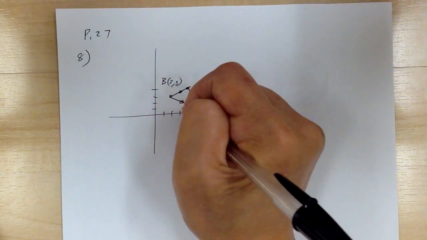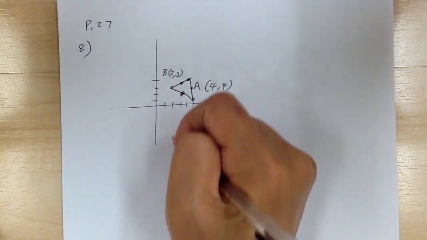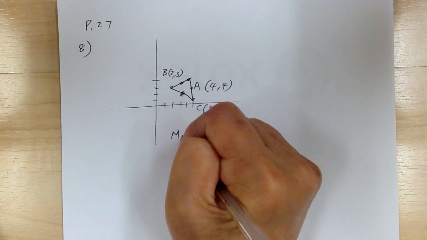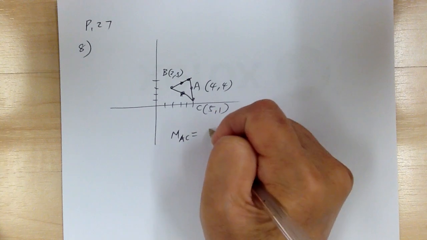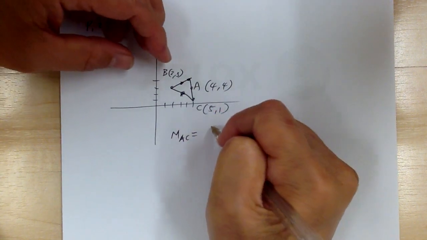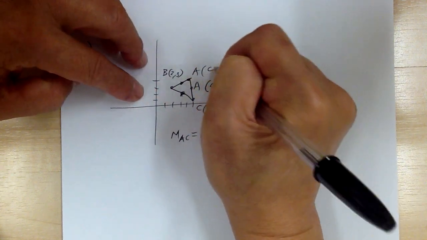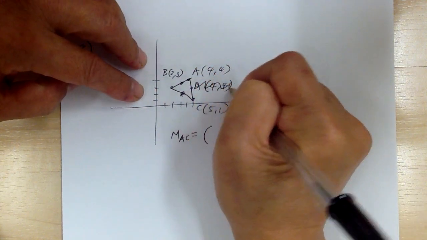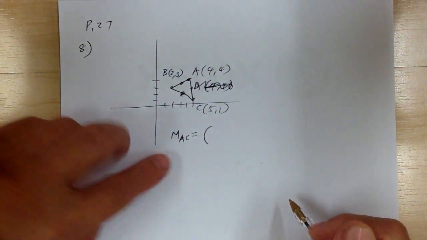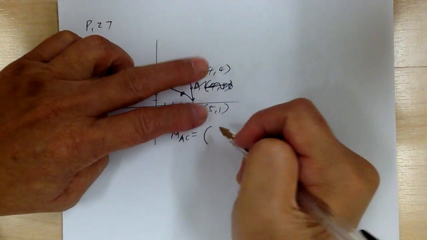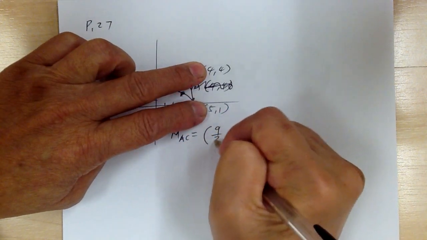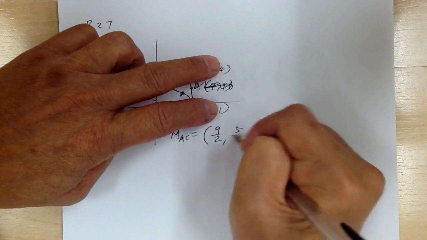Okay, so the midpoint of AC, I'm going to write this up here, so get this out of the way so you don't get confused. For the midpoint of AC, you just average the 2. So (4 + 5) over 2 would be 9 over 2, and this would be 5 over 2.